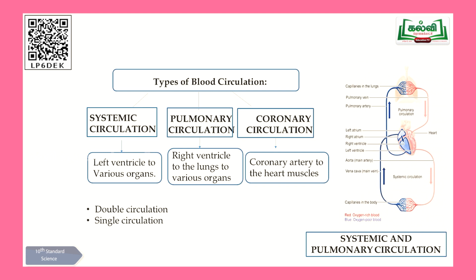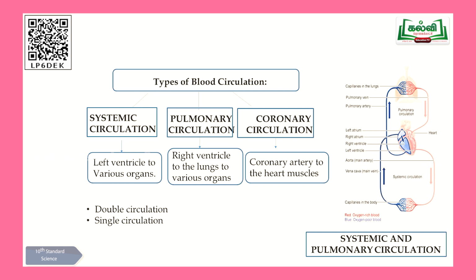So this oxygenated blood should be supplied to different parts of the body, and that is done by aorta. You all know very well, aorta will originate from left ventricle, which is the largest artery that takes the oxygenated blood from the left ventricle to different parts of the body. So this is called systemic circulation because there is a system.